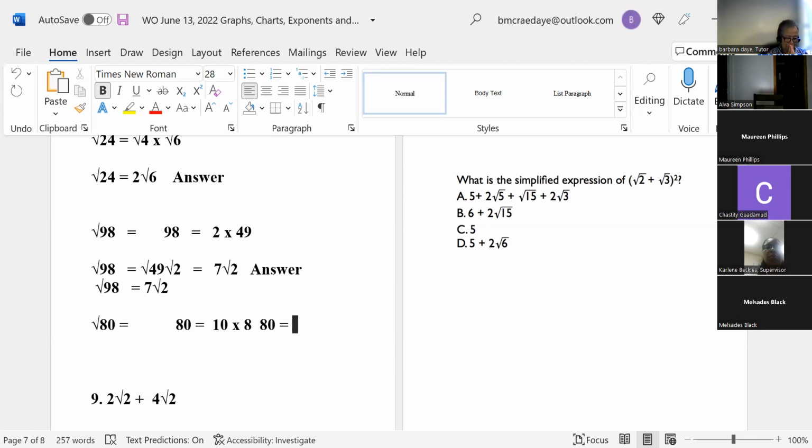I'm kind of figuring what it would be, because I know if you multiply 2 by 40, it would be a bigger number. 2 fours is 8. You're on the right track with your fours.